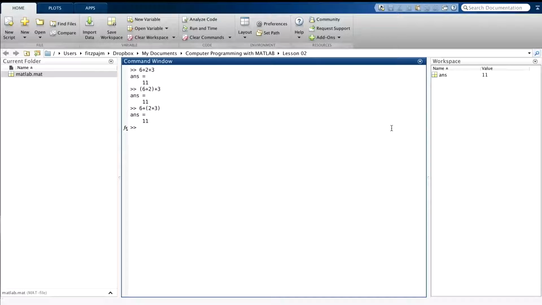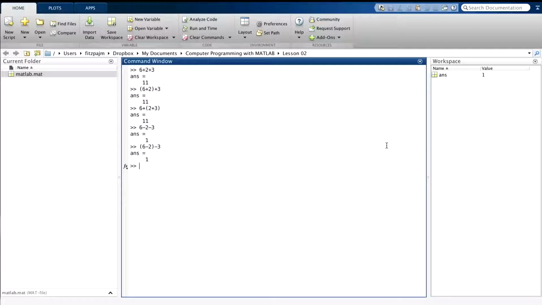When the right to left order gives the same result as the left to right order, the operator is said to be associative in both mathematics and computer science. So addition is associative. Well, what about this? The actual order is like this.